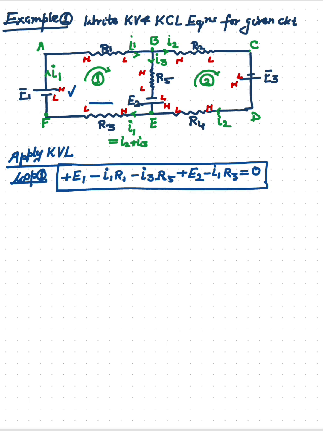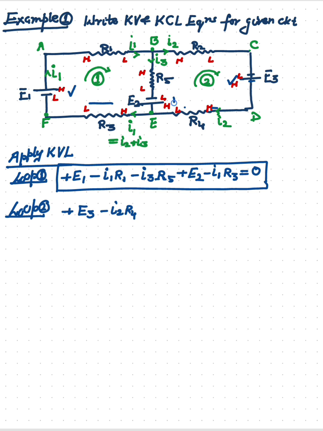Now let's write the KVL equation for loop 2. Here in loop 2 you can start from any point. Suppose I am starting here from E3. So our path is this. Across E3 we are going low to high, so E3 will be positive. Across the resistance R4 we are traversing high to low, so minus I2 R4.